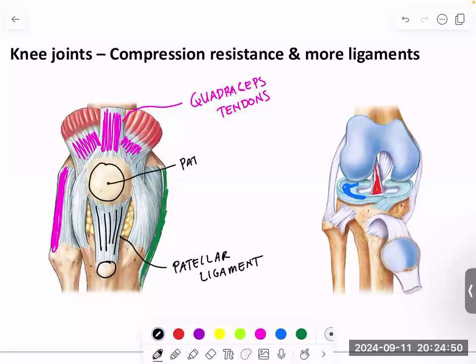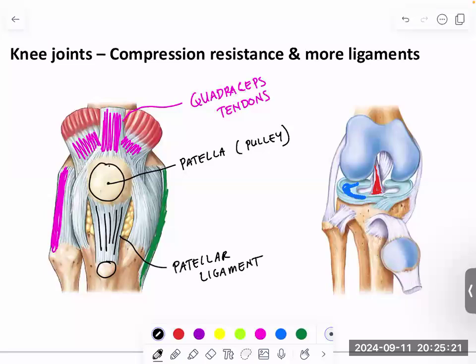Your patella essentially acts like a pulley, and it allows you to have more movement across that joint. Your quads are actually attached to the patella. They're not attached to the leg. The patella is then attached to the leg. So the quadriceps are indirectly attached to your leg.